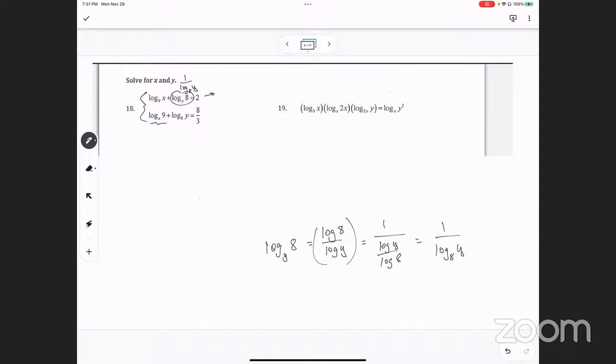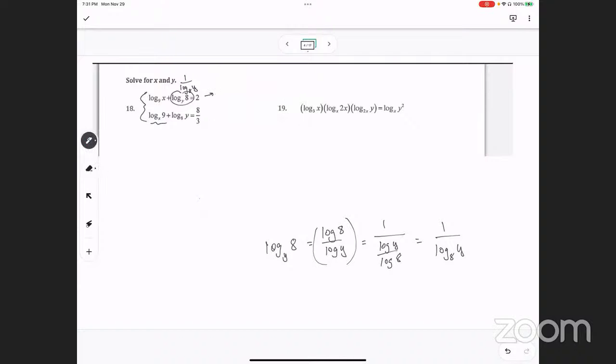Let me solve for log base 9 of x. Now it equals 2 minus 1 over log base 8 of y. No, that's not what I wanted to do, because I want to substitute for that other thing. Sorry.